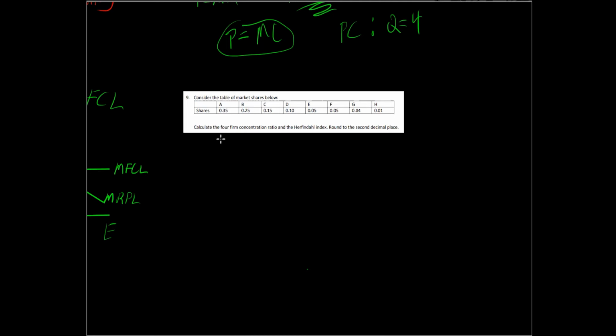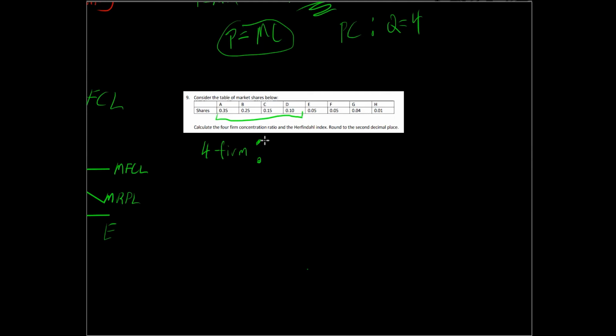We'll start with the easier one, which is the 4-firm concentration ratio. The 4-firm concentration ratio is just the share of the market that is held by the 4 largest firms. So first thing we need to do is look through and identify the 4 largest firms. And I've made it kind of easy for you here because they're listed in order of decreasing market share.